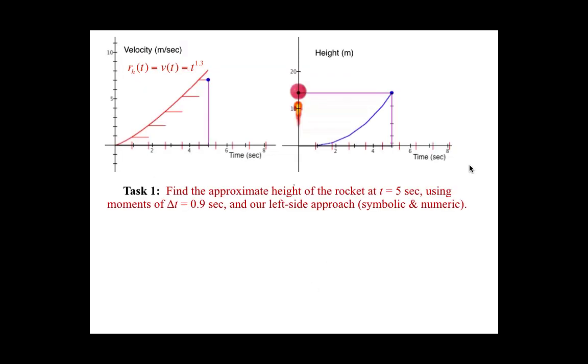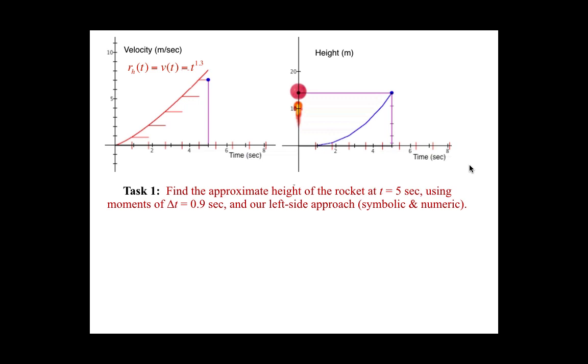If I wanted to find the height of the rocket by time 5, and I've got intervals that are 0.9 seconds wide, so this is time 5 seconds, with 0.9 seconds per interval. We had a slightly easier problem with our oil spill, where it was in the second or third interval or something.